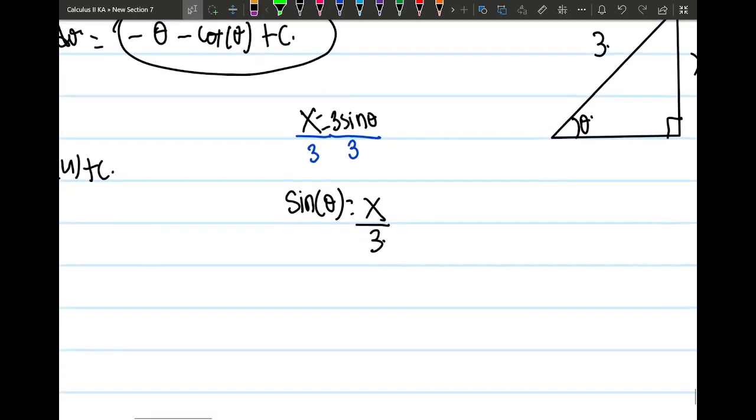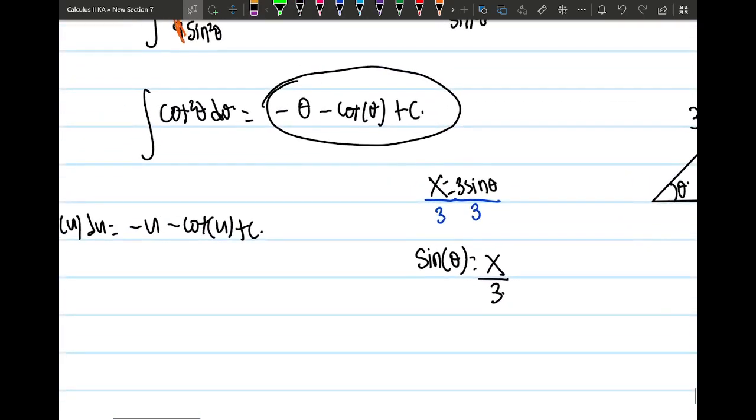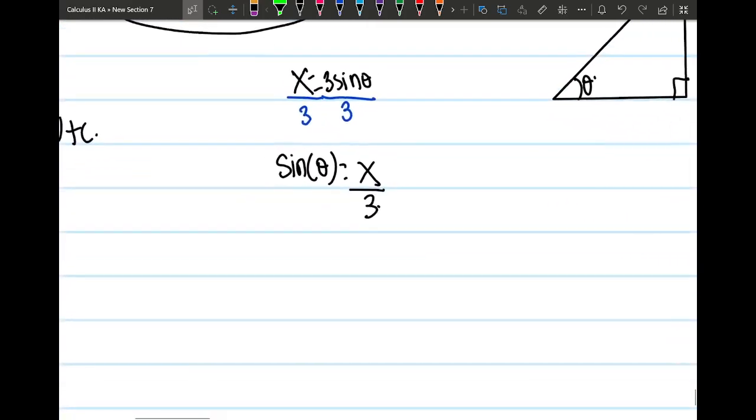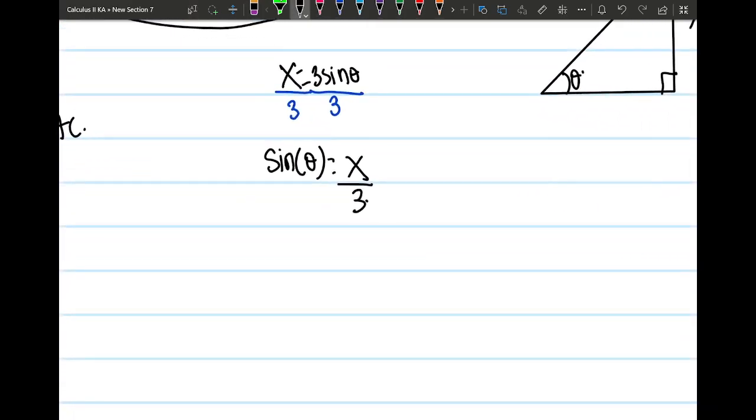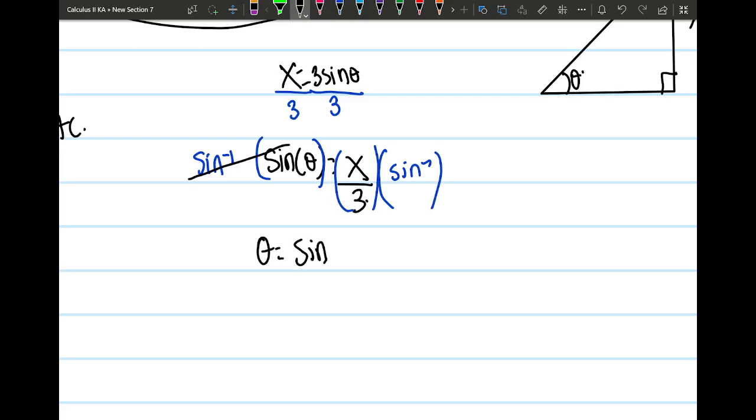Another thing is that we had negative theta, and right now we don't have that. So to find theta, we need to do the sine inverse of this whole thing. Sine inverse of sine theta cancels out, so theta is equal to sine inverse of x over 3.